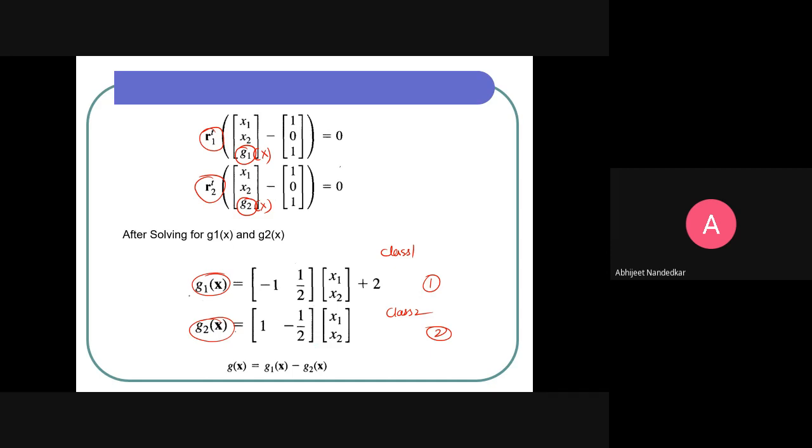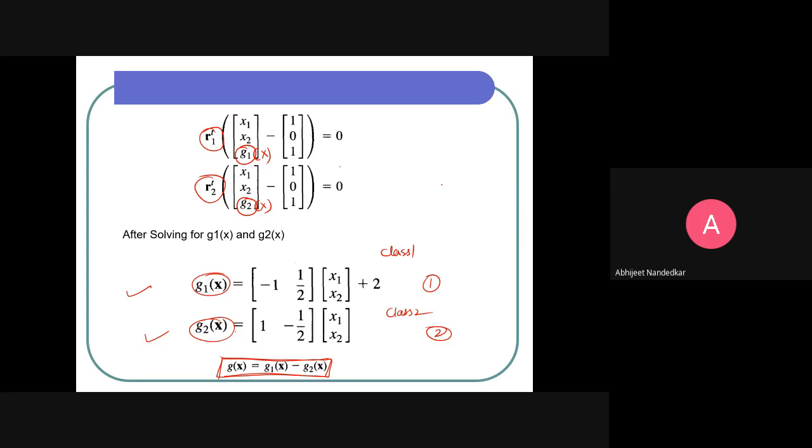So we can check for all training inputs whether this is giving the correct answer or not. Remember that if you take the intersection of these two planes, you will get back the decision boundary which you decided at the beginning.